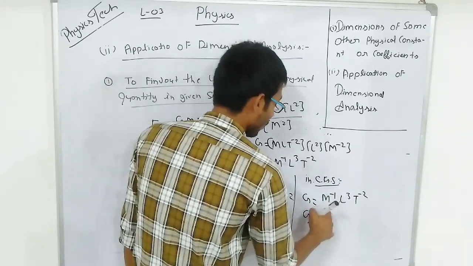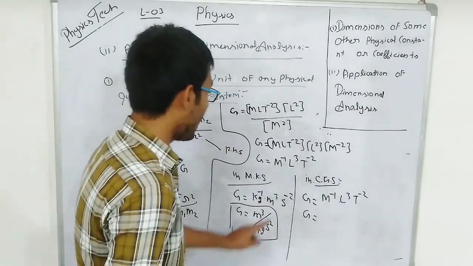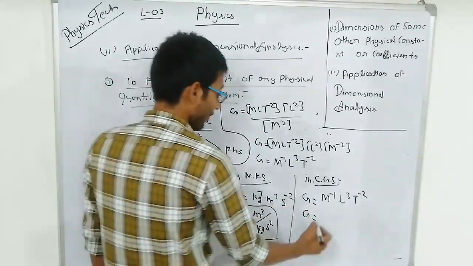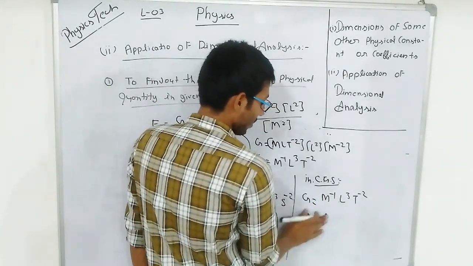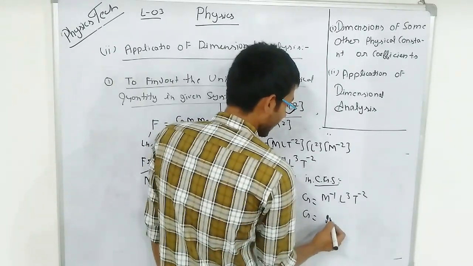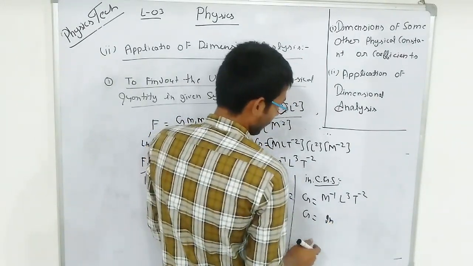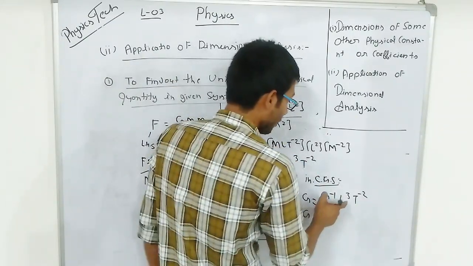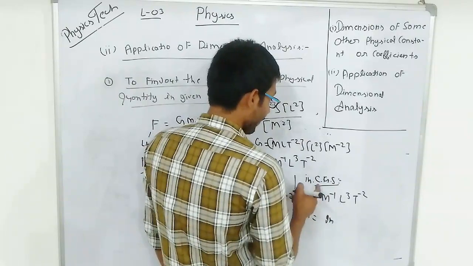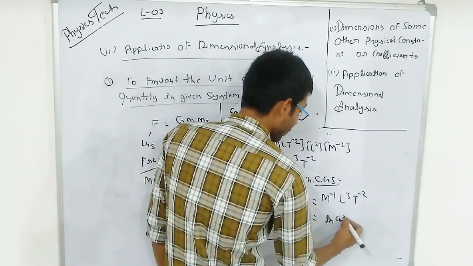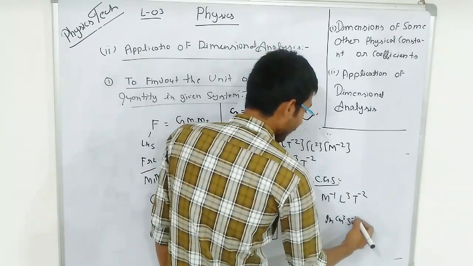Now M is equal to mass, and mass means gram, and L is equal to length, and length is in centimeter, so cm power 3, and T means second, second power minus 2.